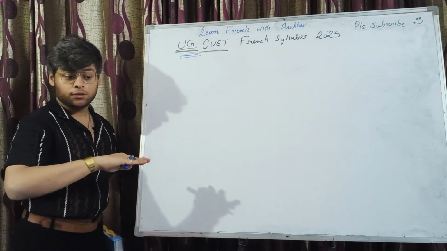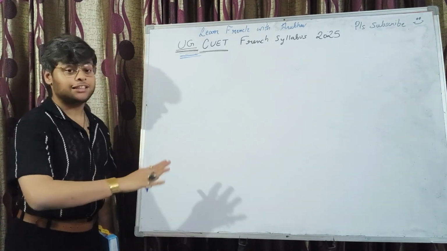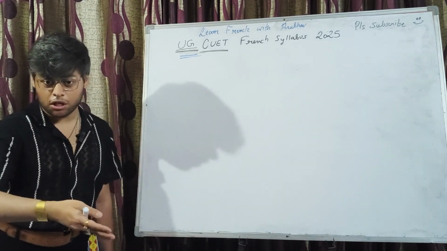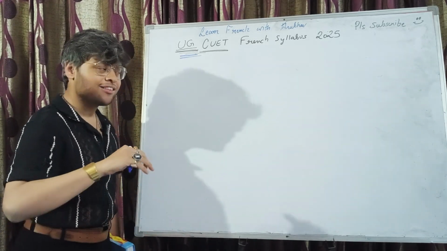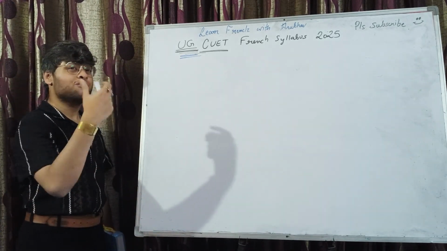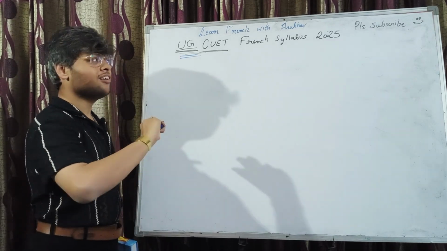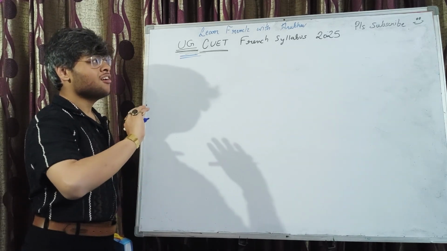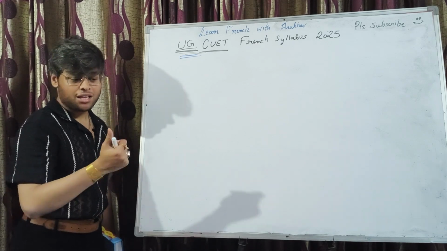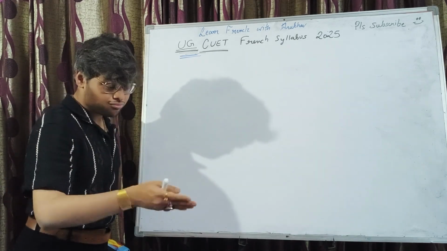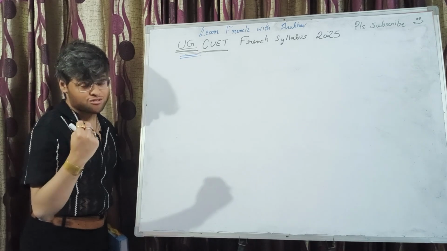Now with this pattern, even absolute beginners can go for graduation in French. That puts me into a dilemma: can absolute beginners really go for graduation in a language they aren't already acquainted with? I mean, there are two sides to this decision.